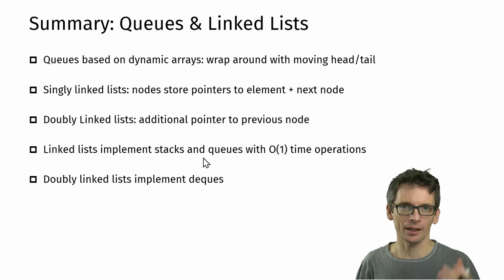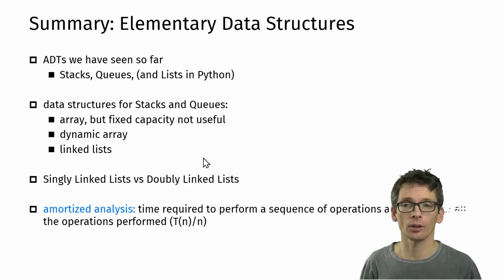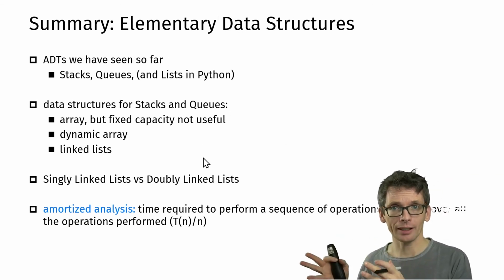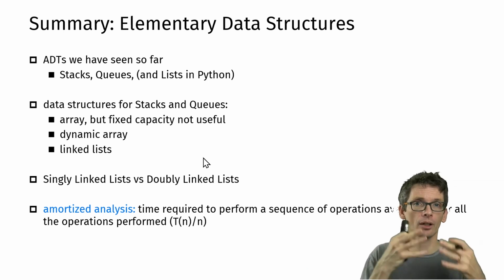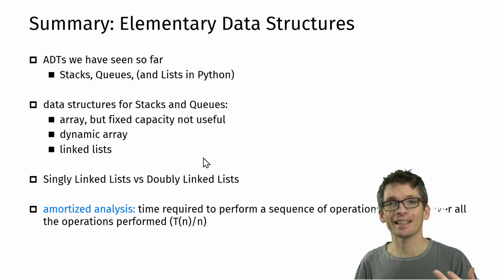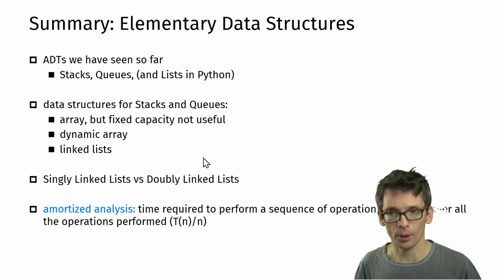So what have we seen when we take this video and the previous, so the part 1 video together? We've seen abstract data types versus data structures, so functionality versus implementation, and implementation meaning how do we store the data, what algorithms do we use to implement the operations.